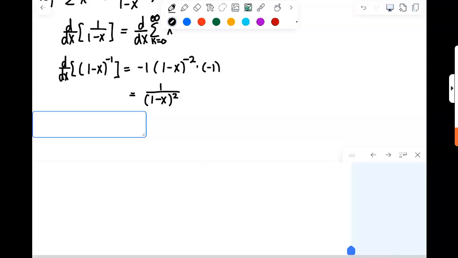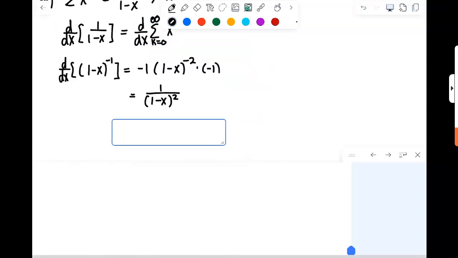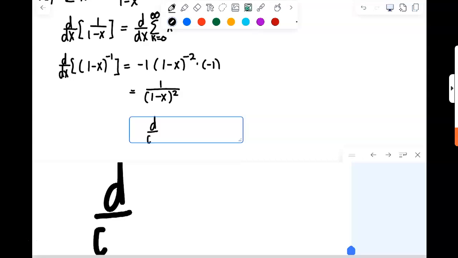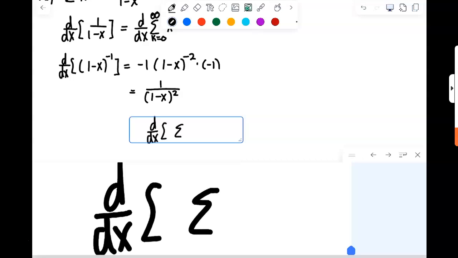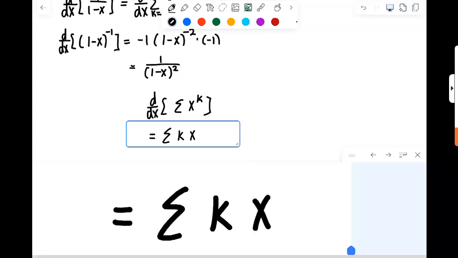All right, so let's see what that's going to look like on the other side of this. Let's look at the series now. The derivative of that, using the power rule, of x to the k would be k x to the k minus 1.